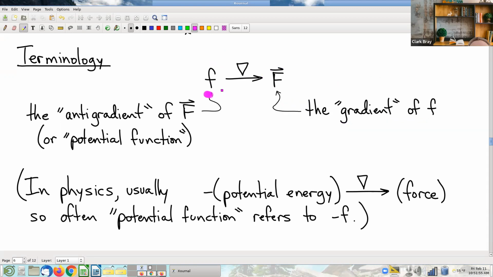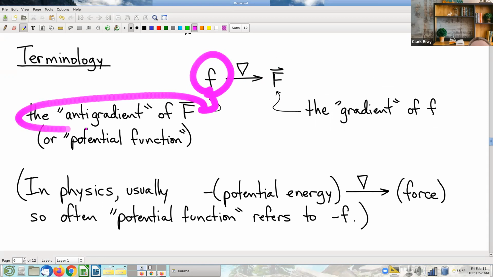I would argue that it makes just as much sense to call this original function the antigradient of the vector field. And all I'm doing there is I'm borrowing, stealing, ripping off, whatever you want to call it, the whole terminology with derivative and antiderivative, right?